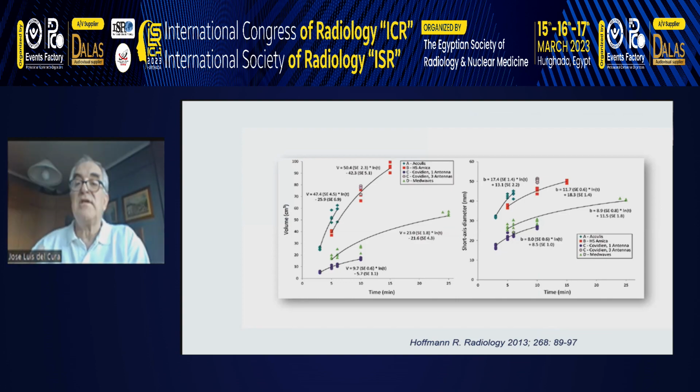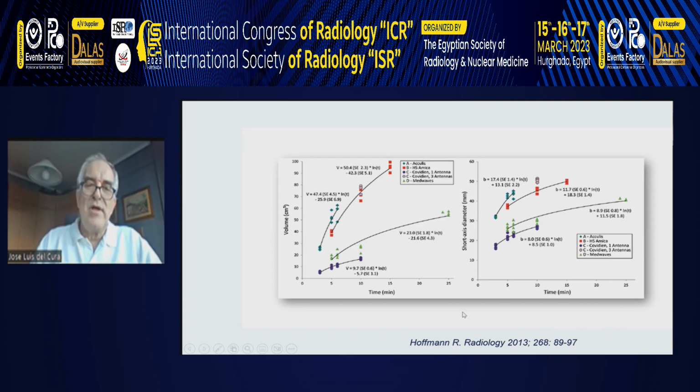Also, it's important that, in a similar way to radiofrequency, the devices used do not have similar efficacy. This is difficult to find, articles comparing several devices, but this is one of the few more recent ones, despite being old, comparing several devices.